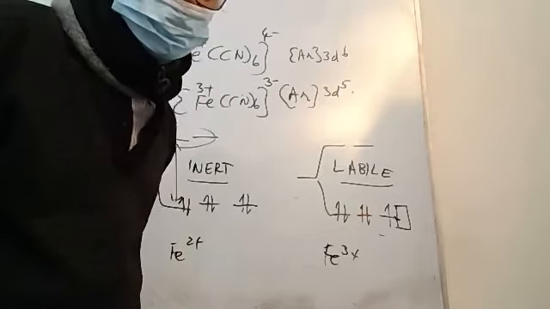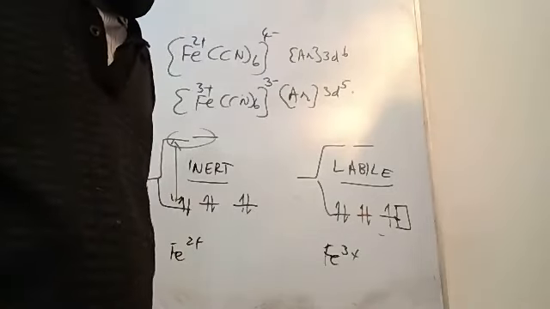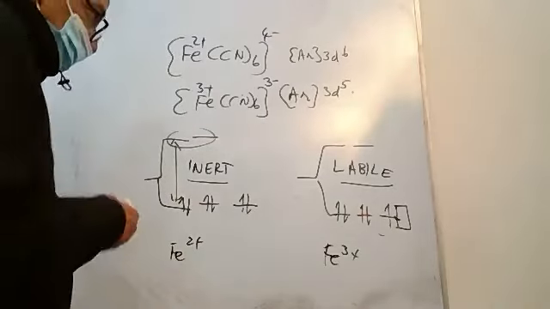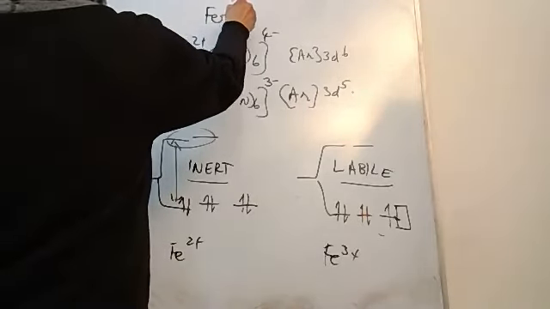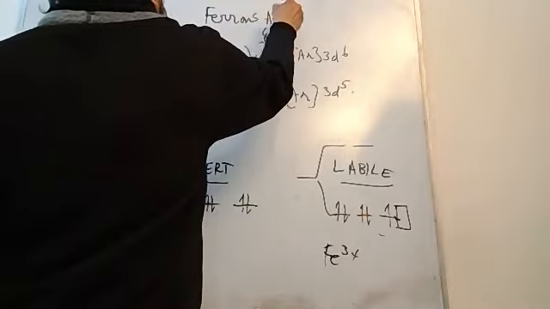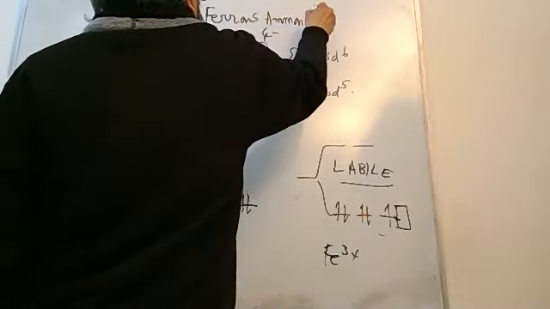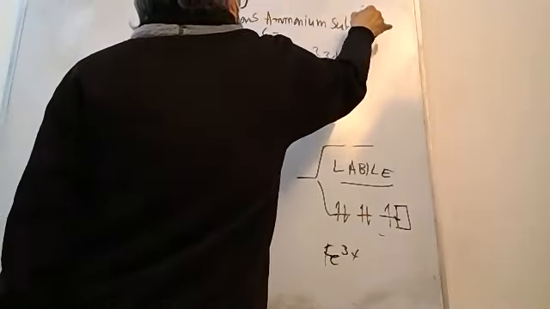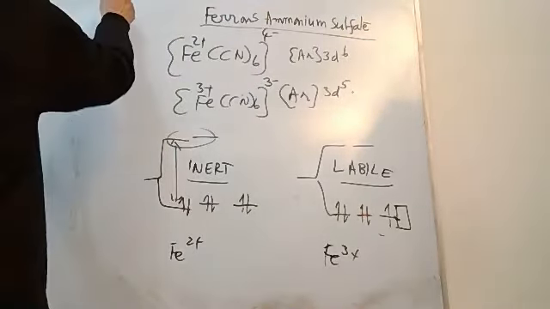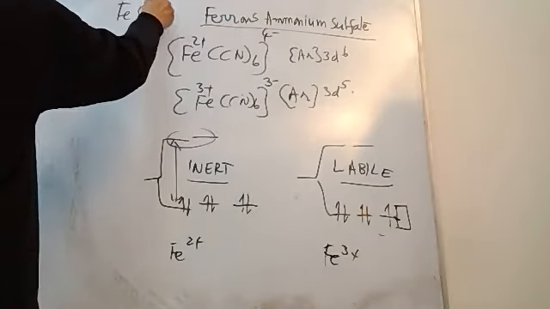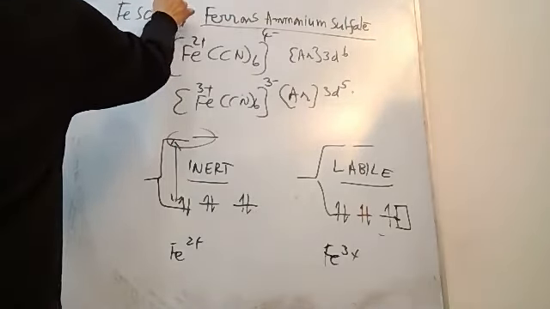So what can we do then? If somebody is suspected of cyanide poisoning, the doctors will give what they call ferrous ammonium sulfate solution. Ferrous ammonium sulfate is FeSO4 (NH4)2SO4.